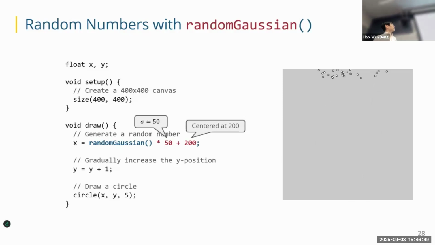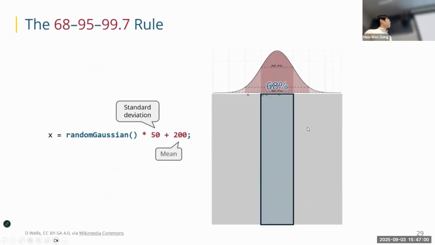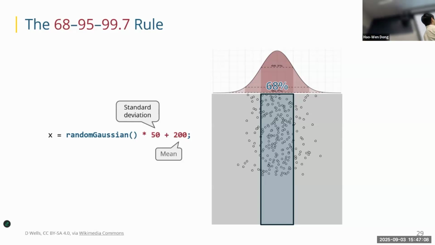And it will center at 200, because everything you get from this will be centered around 0, so you add 200, so that it is centered around 200. Anyway, I don't think you necessarily need to get what Gaussian is doing, but this is always a nice set of numbers to remember: the 68, 95, and 99.7 rule.